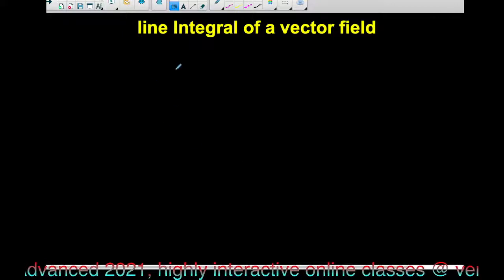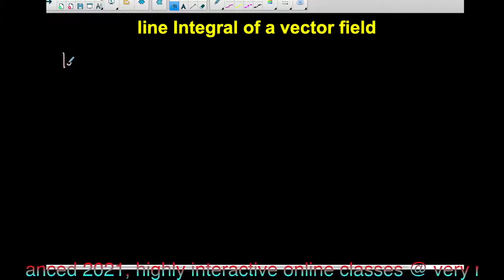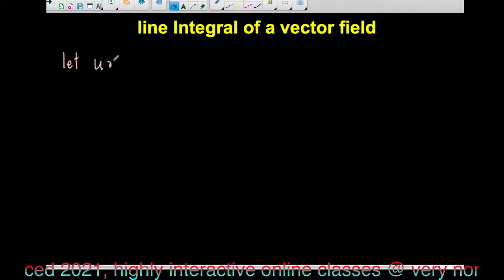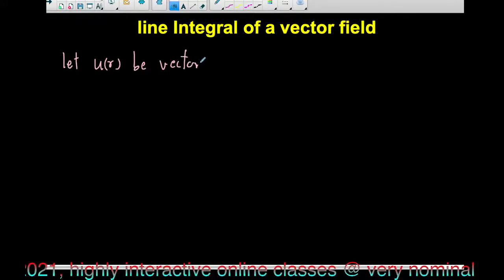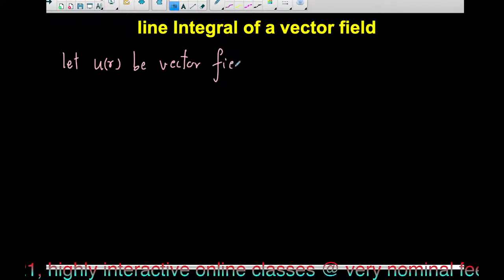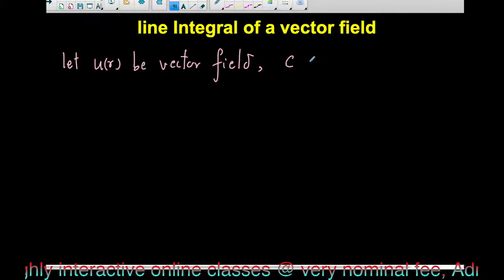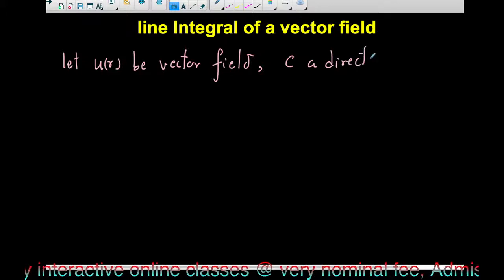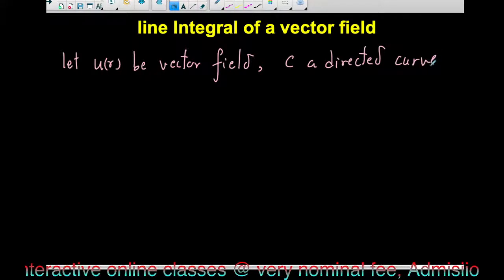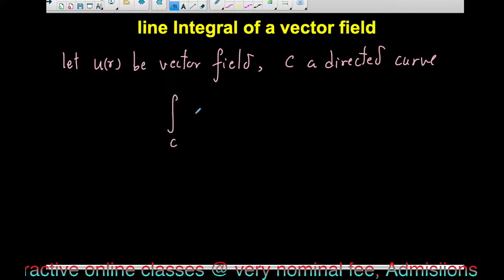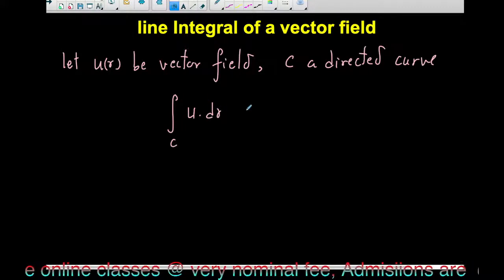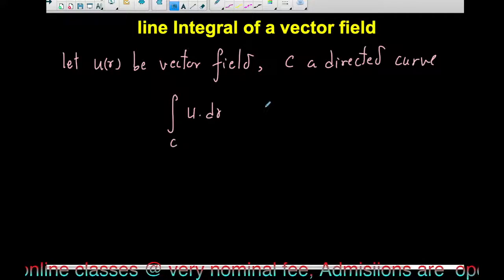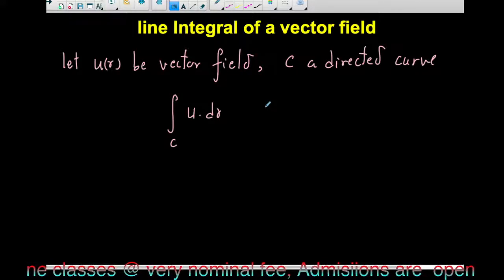Let me complete this: u of r is any function, but here we have to use a vector field, so u of r is a vector field along a directed curve C. So the integral over C of u dot dr, where u is also a vector quantity, so that is u dot the vector quantity dr.